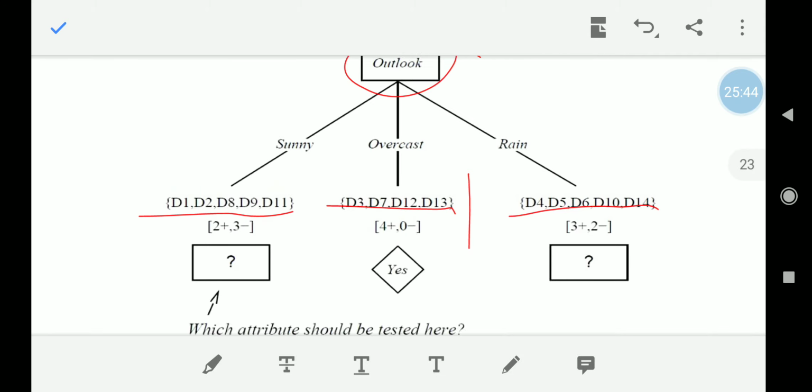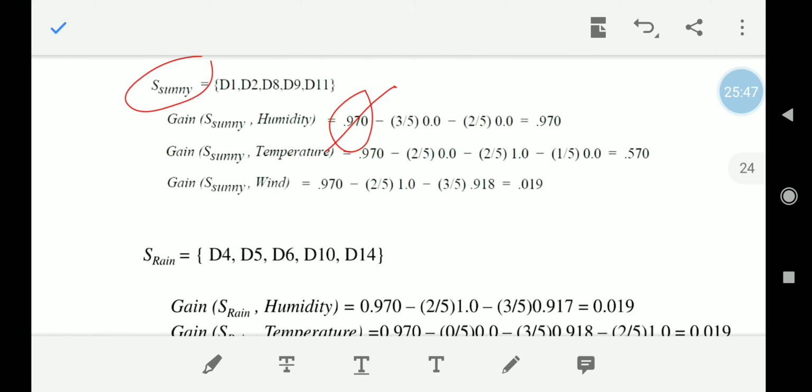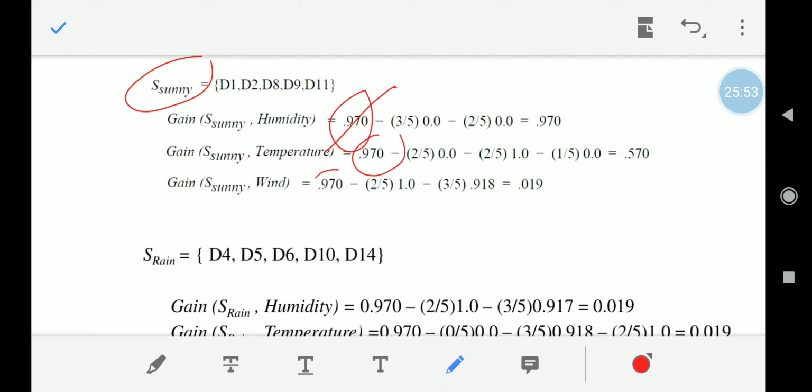When outlook is sunny, you are getting the entropy as 0.970. You can see all entropies are the same. When outlook is sunny, the entropy is 0.970.